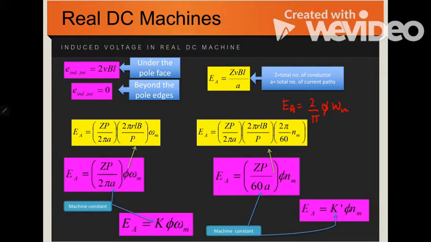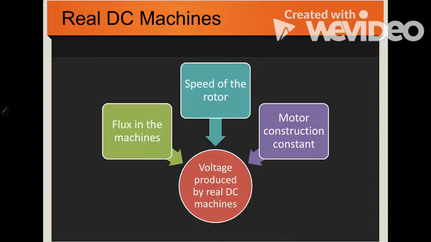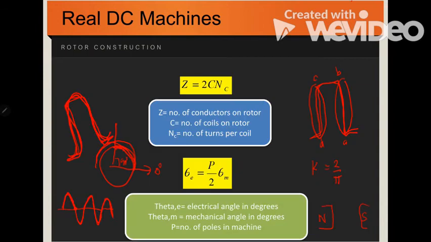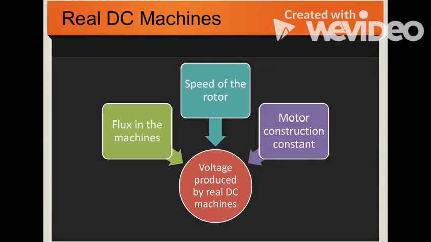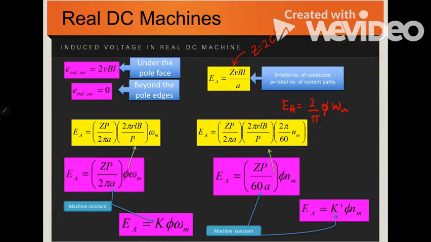But now, because we have not just a single coil but multiple coils, and also a different type of connection to each of the commutators, EA will depend on Z, which is the number of conductors that we have seen just now, which is 2C, times the number of turns.